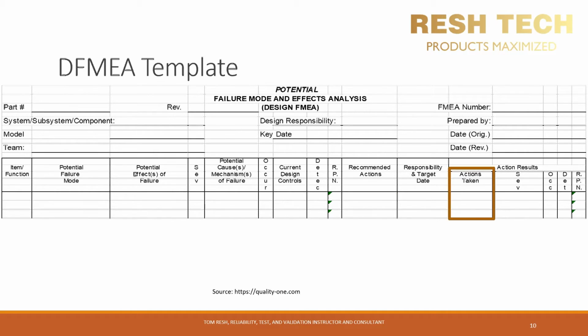The last 5 columns capture the actual actions that were taken to reduce the failure mode risk or RPN reduction, the final severity, occurrence, detection, and of course, hopefully a reduced RPN value.